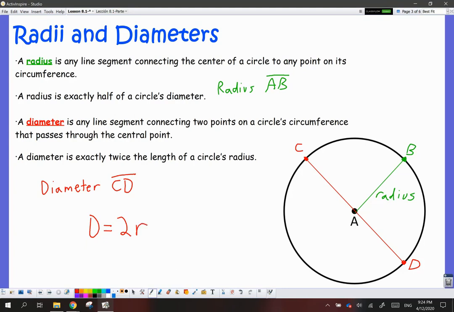So that's what we mean when we say the diameter is exactly twice the length of the circle's radius, or that the radius is exactly half of the circle's diameter. These two say the exact same thing. It just depends on which one you're looking at first. Are you looking at the diameter? That's twice the radius. Or if you're looking at the radius, then that's the diameter divided by 2, split in half. All right, let's continue.